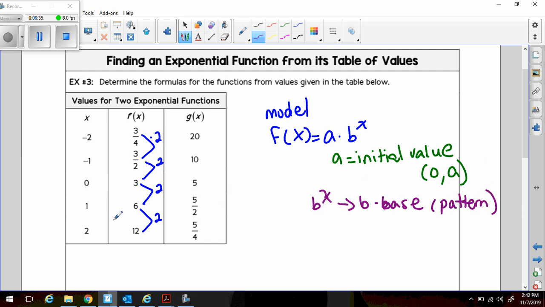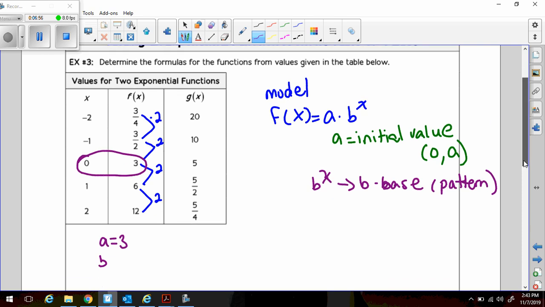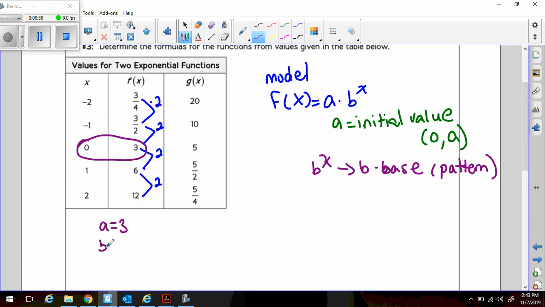Alrighty. So this one is growing exponentially, and my initial value is going to be when x is 0. So this is going to be my initial value. My initial value is 3, and my b is going to be what I'm multiplying it by. This time I'm multiplying it by 2 each time.